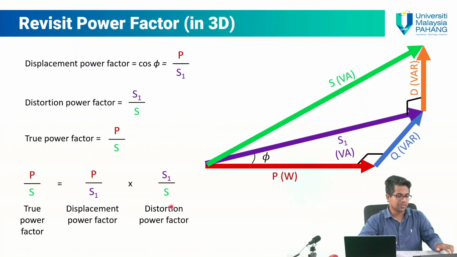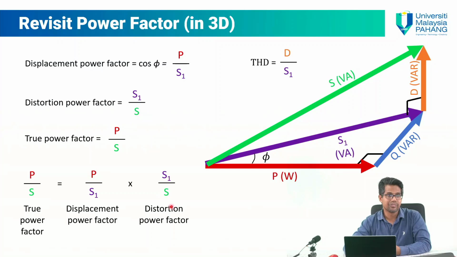Another thing is THD. We already know that THD is total harmonic distortion, the harmonics component divided by the fundamental component.